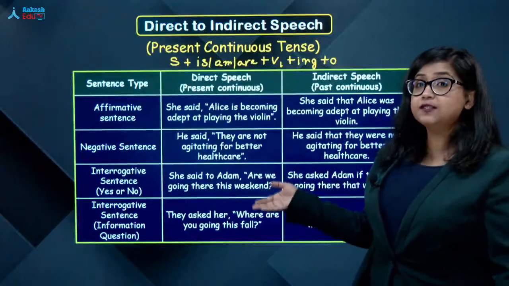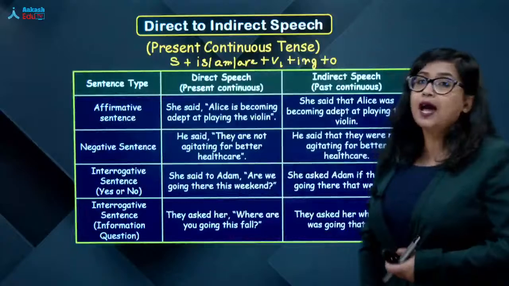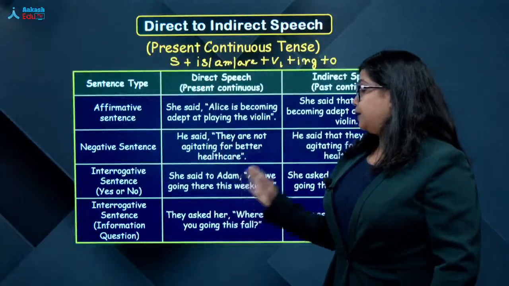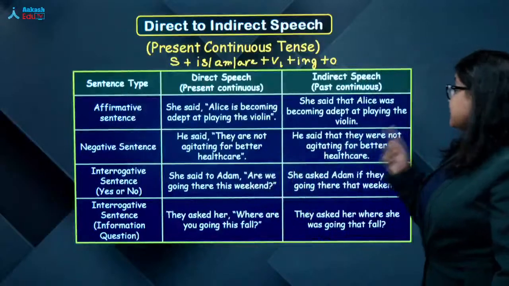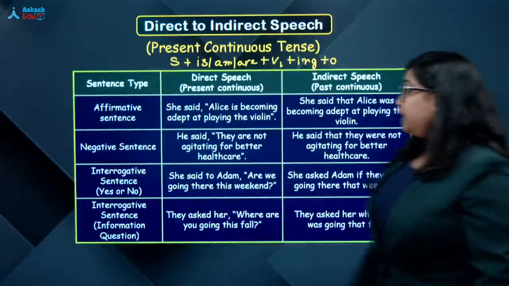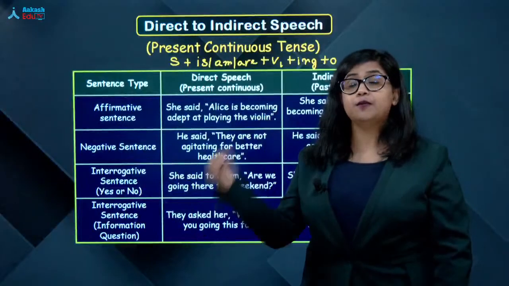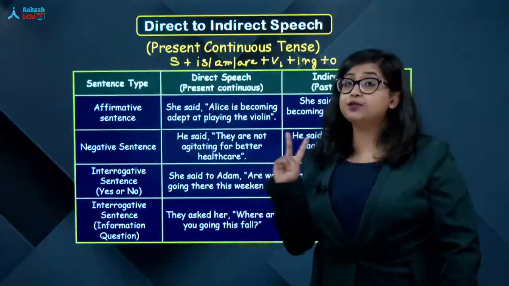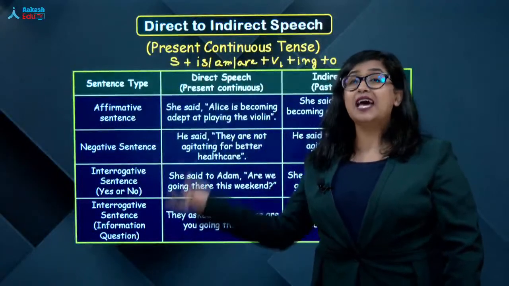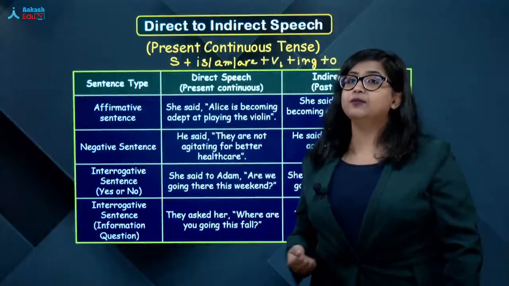Alright. Negative sentence, just add a word not, and so here you can see, he said they are not agitating for better health care will now become, he said that they were not agitating for better health care. Okay. Now, interrogative sentence, if you remember, I told you there are two types of interrogative sentence. One is your yes or no question and other is your information question.